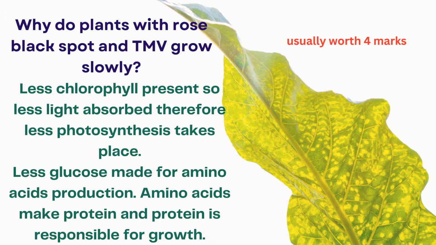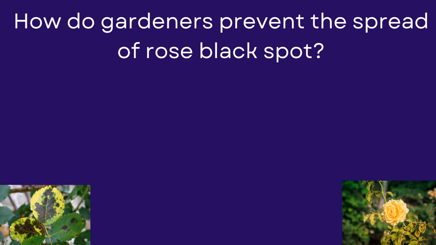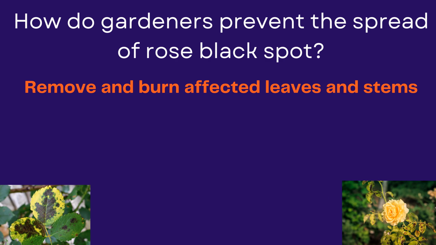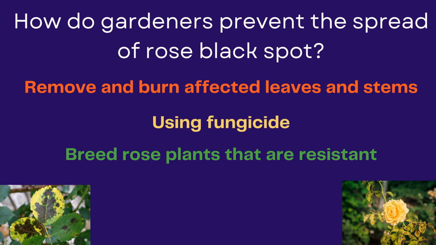Amino acids make protein, and protein is responsible for growth. So it's like a domino effect. How do gardeners prevent the spread of rose black spot? Remove and burn affected leaves and stems, using fungicide, or breed rose plants that are resistant.